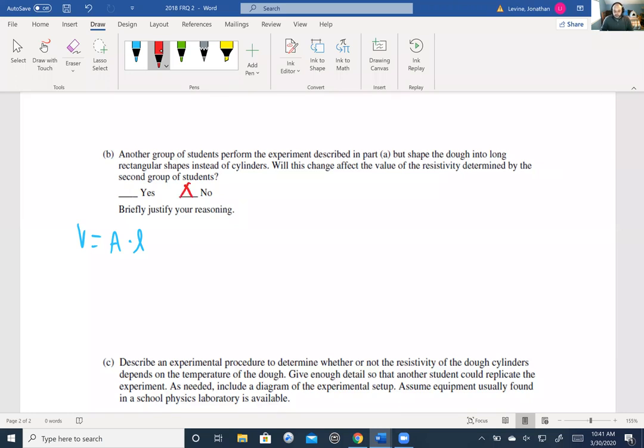And another way to briefly justify this is resistivity is inherent to the substance itself. It is an inherent material property.